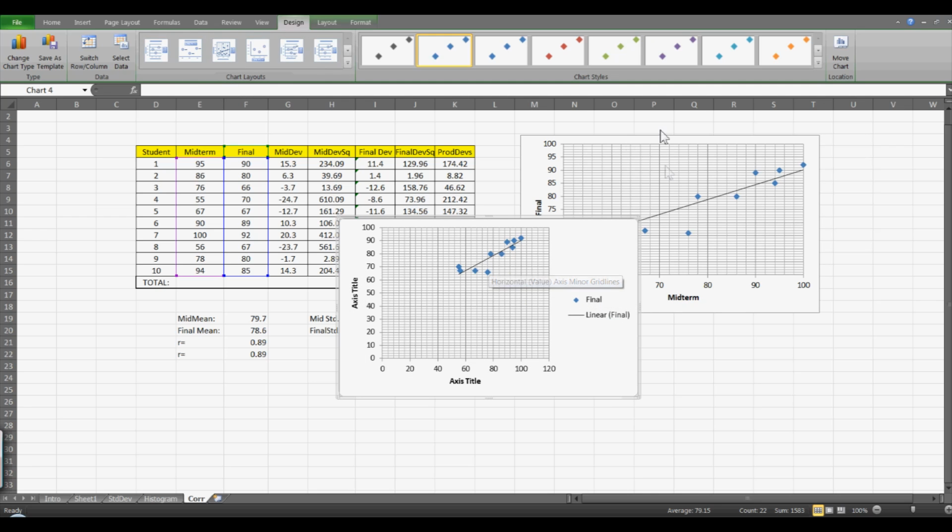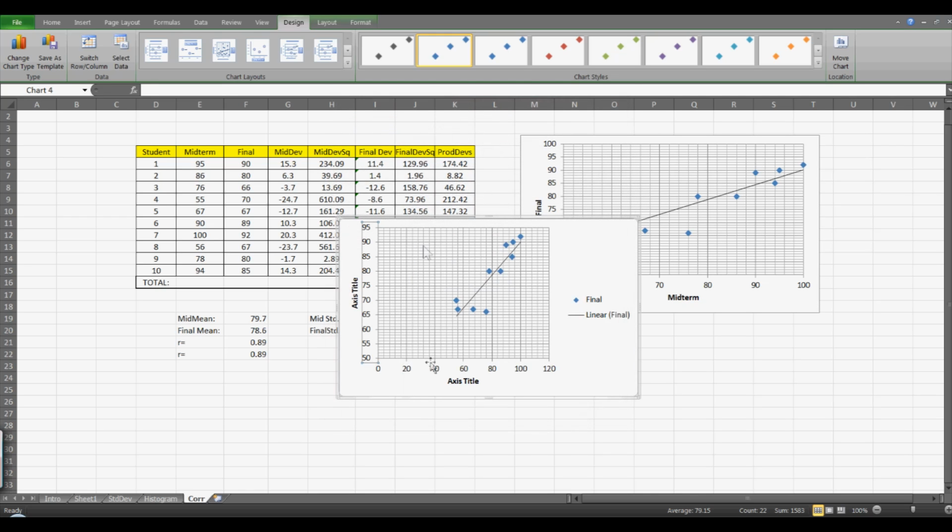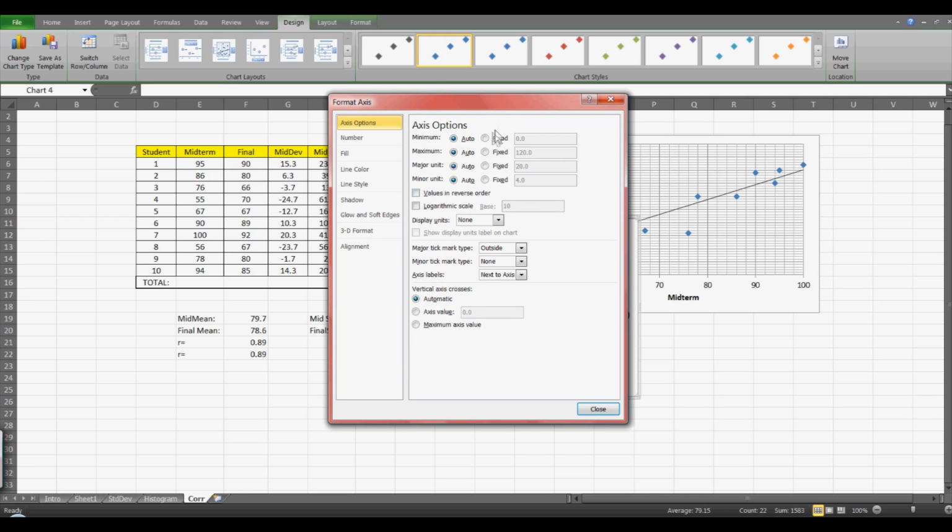And there you have it. To get down to here, I just changed the axis. I think I used a minimum of 50 for my axis. And then you have to change this axis too, making that a minimum of 50.